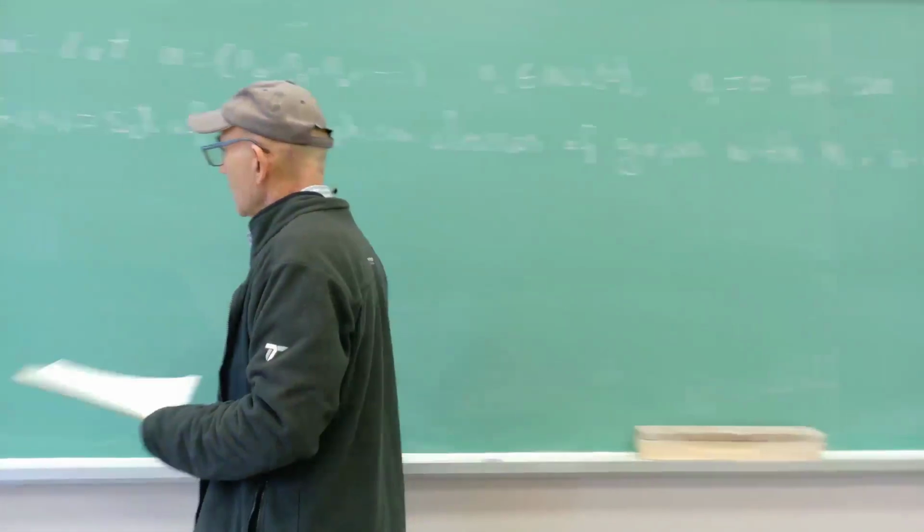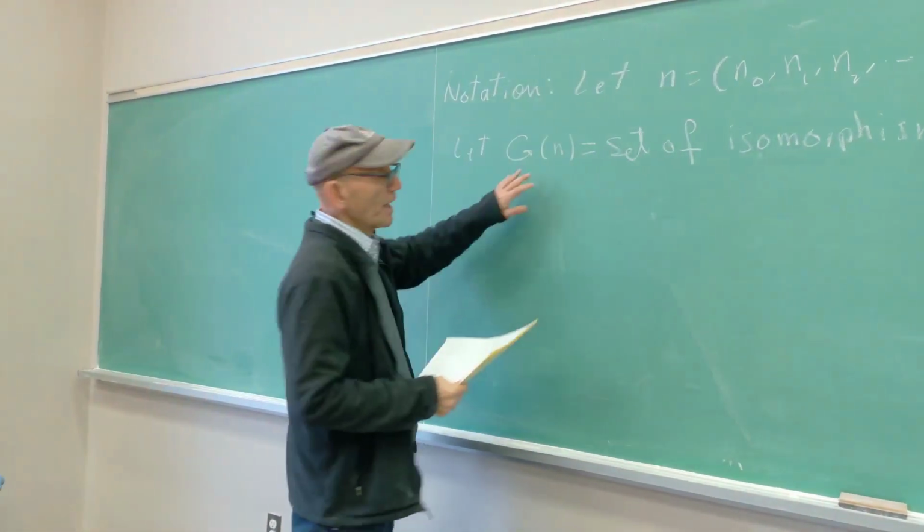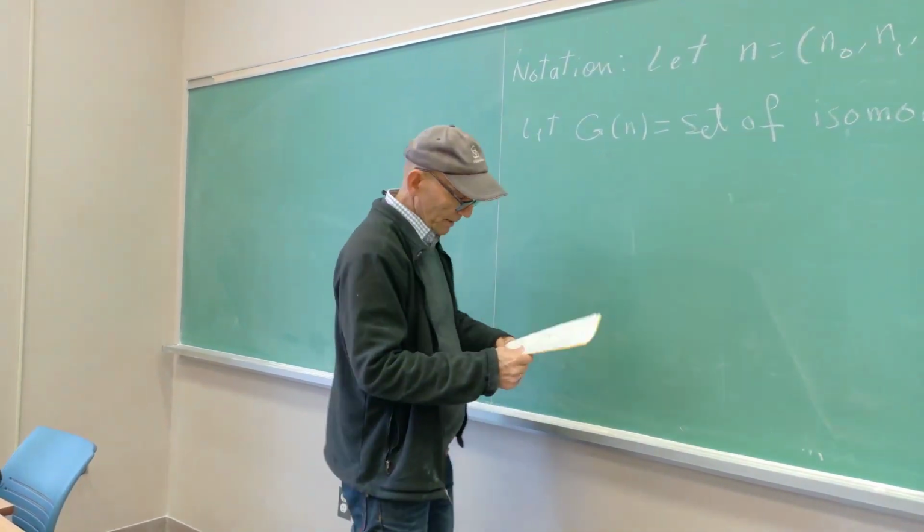Okay, so for example, this is the set G_n, the set of isomorphism classes of graphs. So let me give you an example.